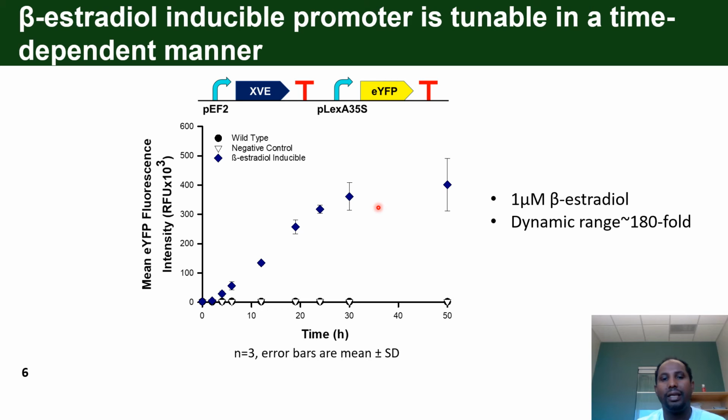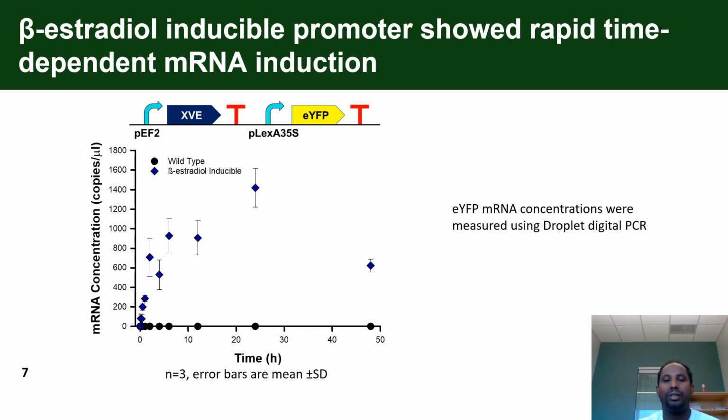However, we think that the messenger RNA induction or activation may be detected much faster than what we see in this fluorescent data. For this, we used droplet digital PCR and measured the kinetics of messenger RNA production over time. And our assumption was correct.